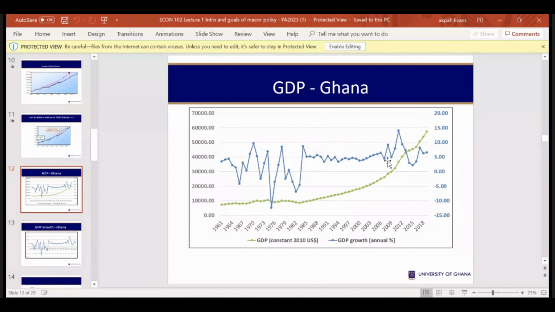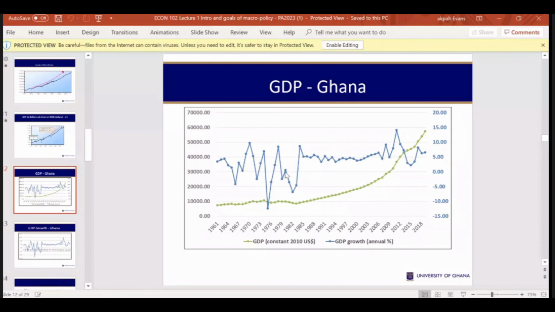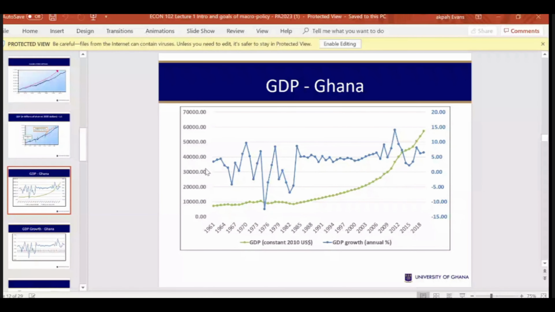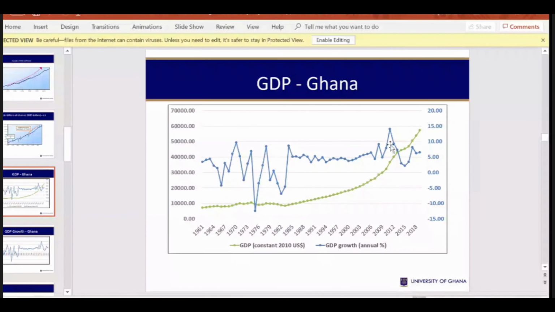You cannot really tell whether the growth rate is rising over the period, or is stable, or is reducing. The fluctuation is very high. Somewhere around 1961, growth rate was quite high. Then around 65, it has gone down, then goes up. So you can see those fluctuations over the period.